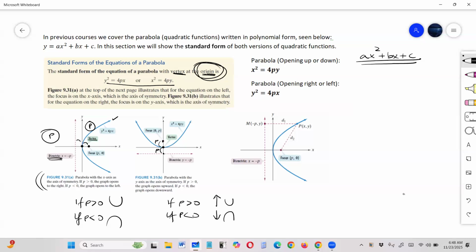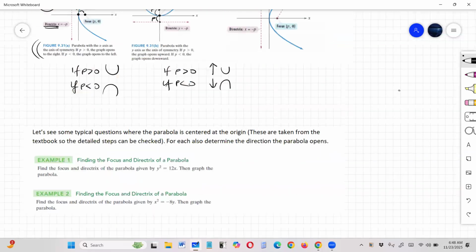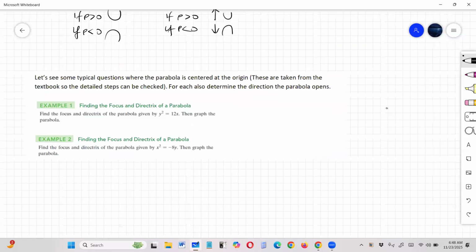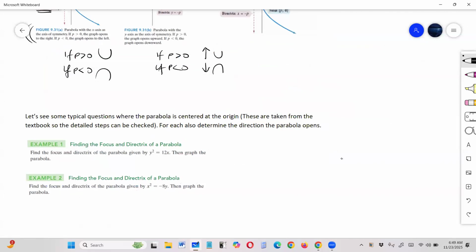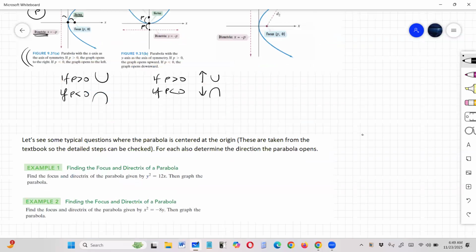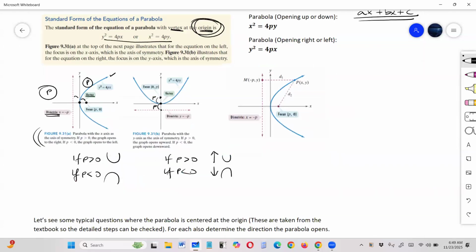Okay, let's take a look at a couple of examples, and you'll see exactly what we need to do. Just keep in mind that this is the equation that we need to know. I'm going to write it right here so that you have access to it as we do the examples.